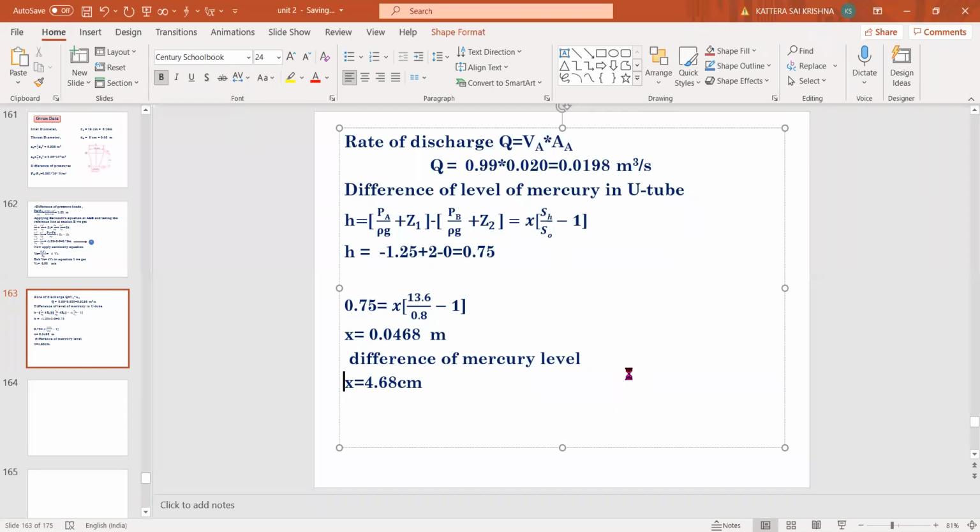This is the difference of mercury level.